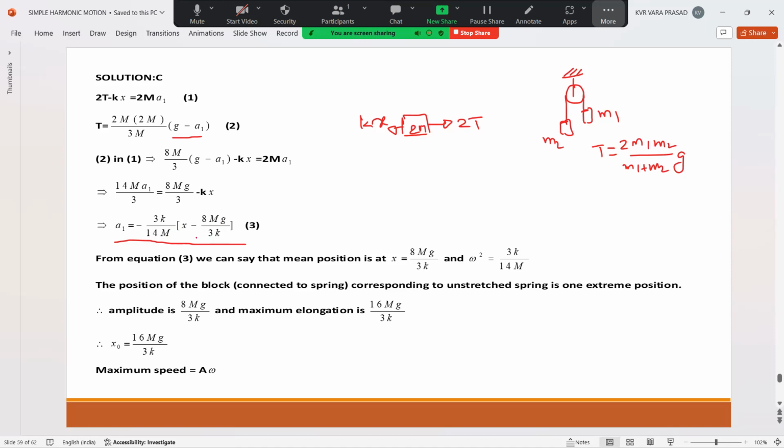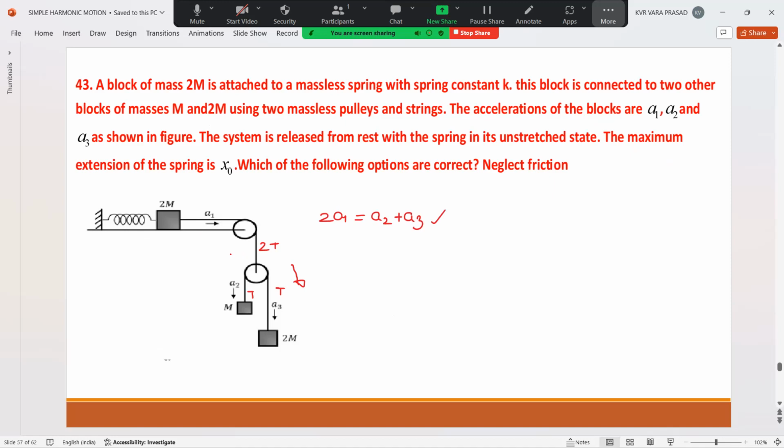So this is of the form minus omega square into displacement. This entire one corresponds to displacement, and in that x corresponds to elongation of the spring. Or what we can do is, I am showing a diagram.